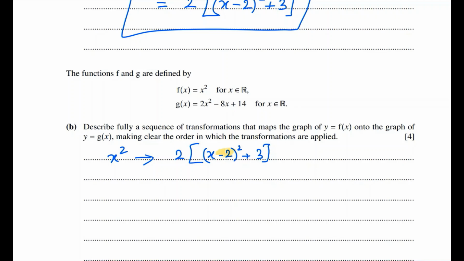This minus 2 and this 3 is the translation vector. So the first transformation is translation.